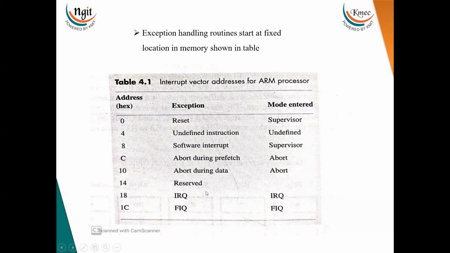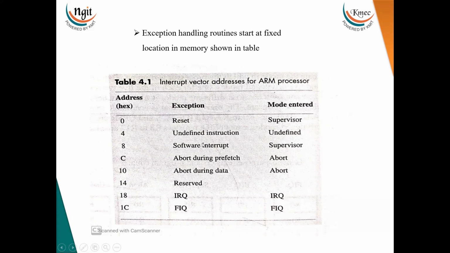And here reserved, so nothing is there. Now, IRQ and FIQ both are external interrupts. When an IRQ interrupt is generated by the IO device, it will switch to the IRQ mode. When FIQ is generated by the IO device, it will switch to the FIQ mode.